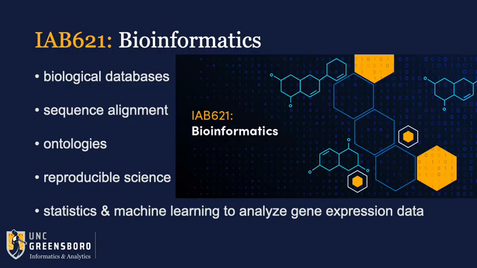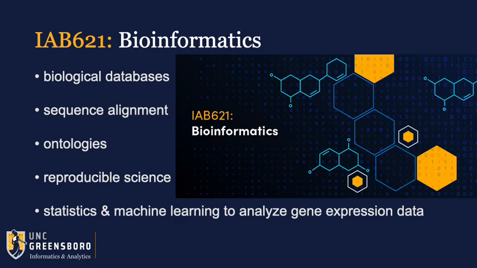This course, Bioinformatics, is the second course in the concentration, second of the 3 courses. This one involves biological databases, sequence alignment, which you have to have, the sequences aligned, to be able to compare the sequences for making the evolutionary tree estimates that were in the first course.